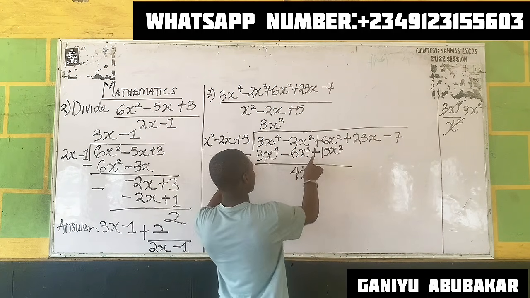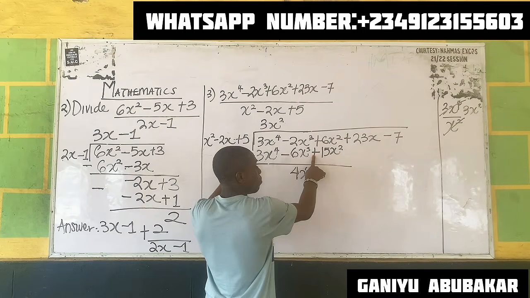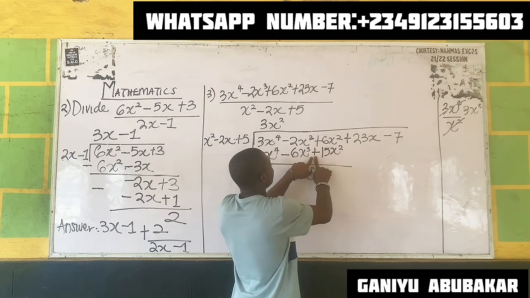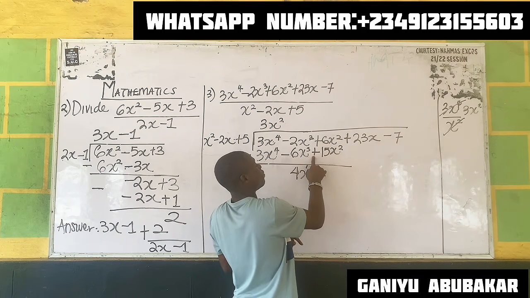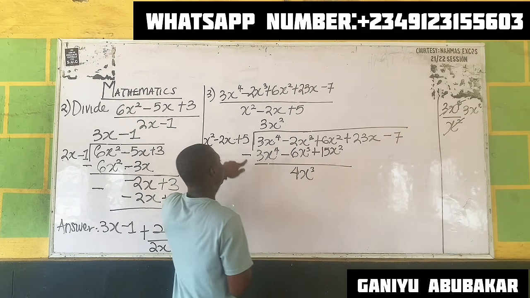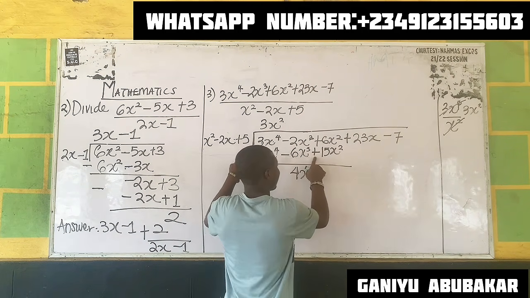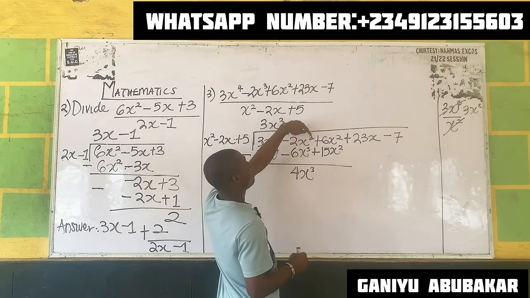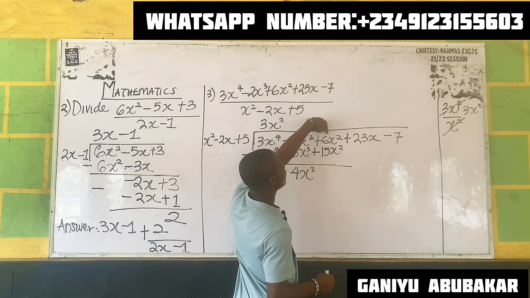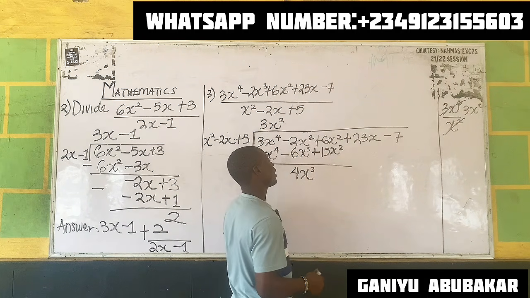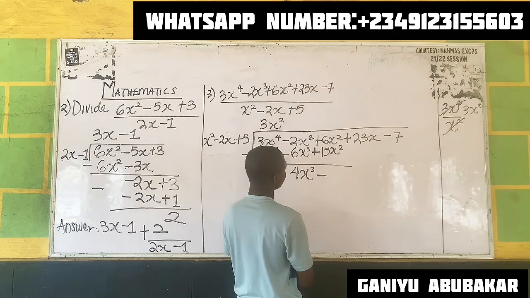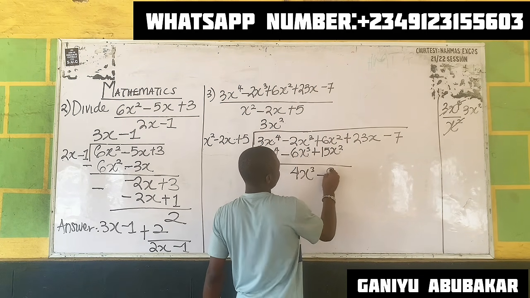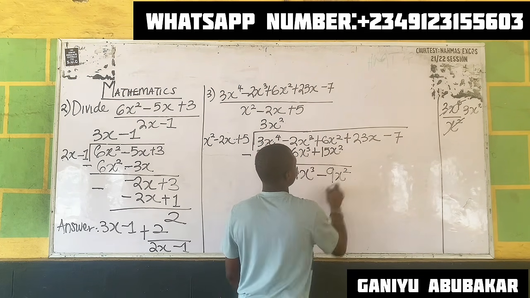This is plus times minus, which gives you minus. So here it means this is minus 15x squared. Why? Because this sign will change. Why is it changing? This minus times plus gives you minus. So plus 6x squared minus 15x squared gives you minus 9x squared, right?